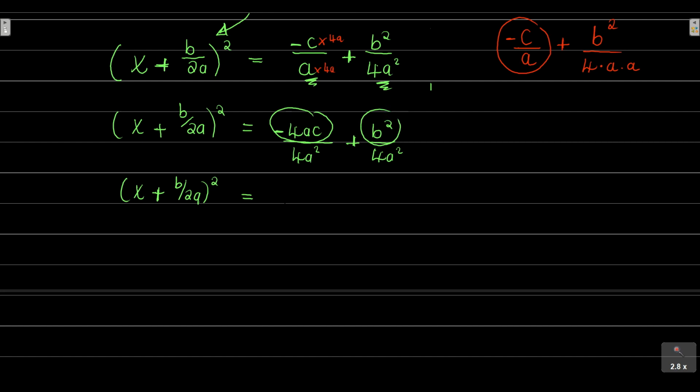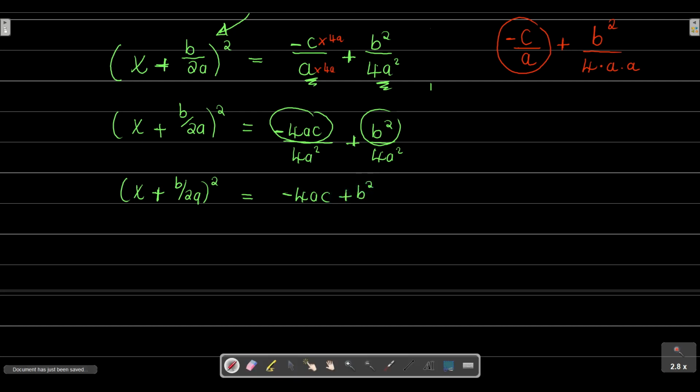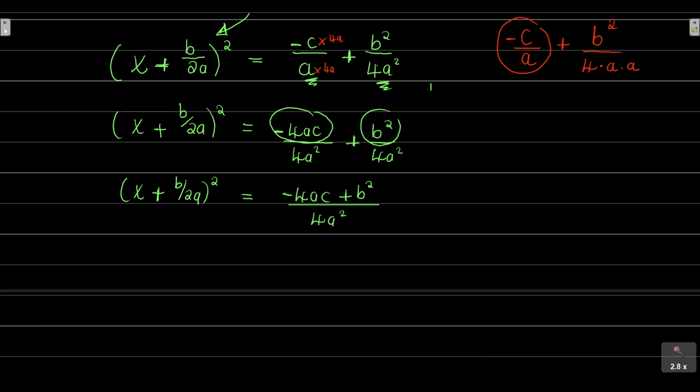So it's going to be negative 4ac plus b squared, all divided by 4a squared. Then what was the other step now? We've already simplified our right-hand side. We've already factorized our left-hand side. What did we do then?